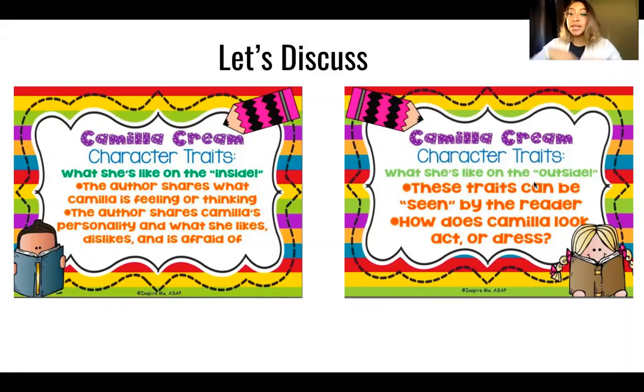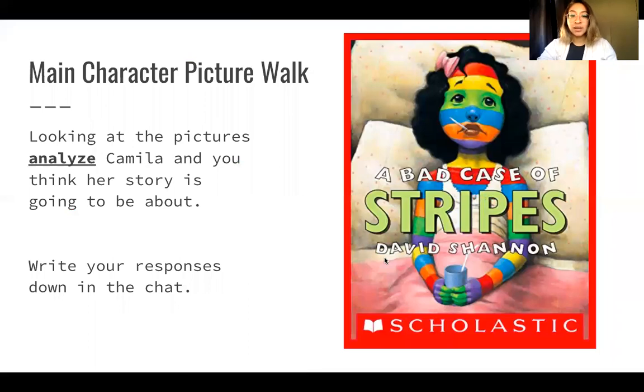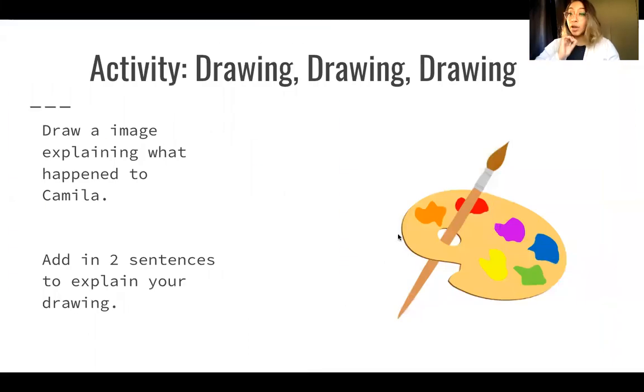Next, Camila Kareem character traits. What is she like on the outside? These are traits that can be seen by a reader on how Camila looks, acts, or dresses. So today, before we start reading, we're gonna guess. We're gonna talk about what we think happened to Camila with her character traits by an art activity. So draw an image explaining what happened to Camila.